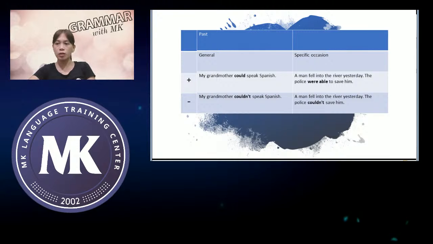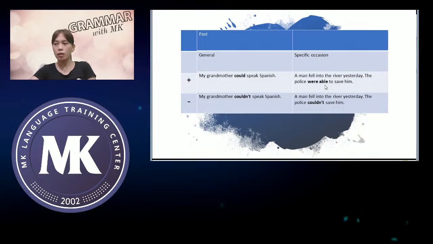But in a certain situation, for a specific occasion, we can't use could, especially if it is in a positive sentence. A man fell into the river yesterday. The police were able to save him. So why can we not use could here?